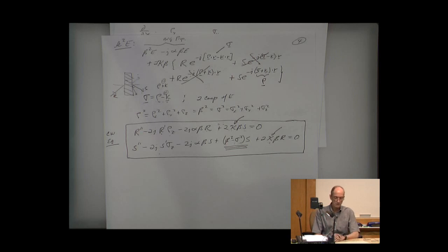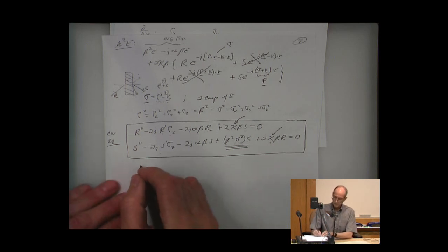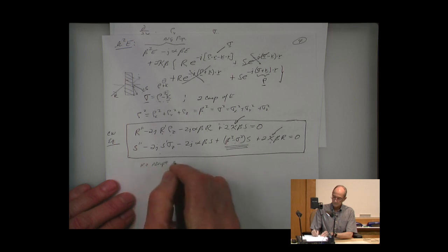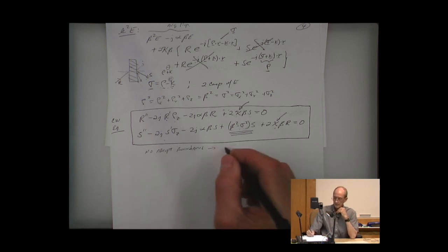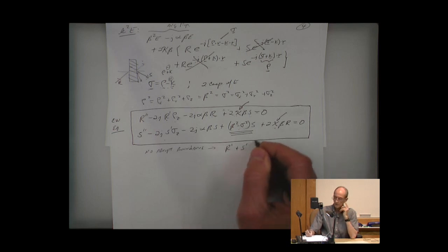So let's try making this a little bit simpler. We said that there are no abrupt boundaries. And what that means is that this interchange in power between R and S is going to be very small, and that indicates that R prime and S prime are small.